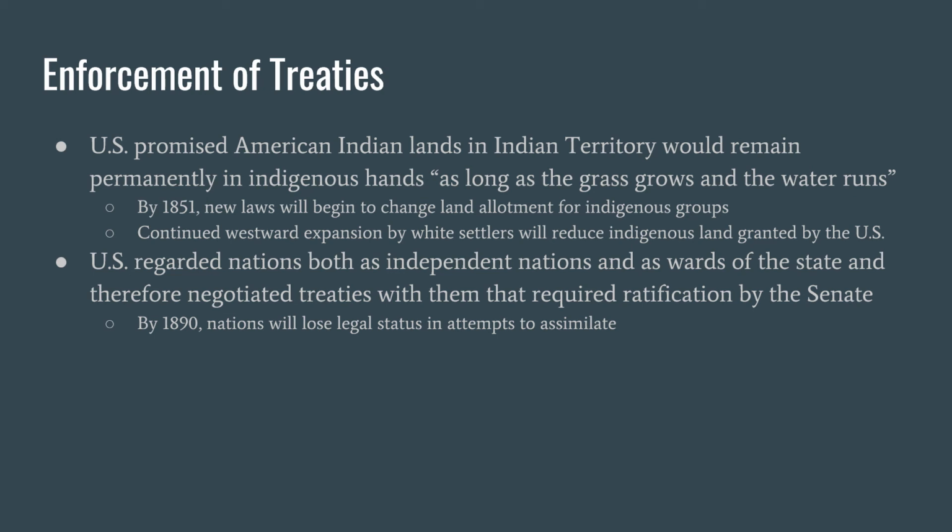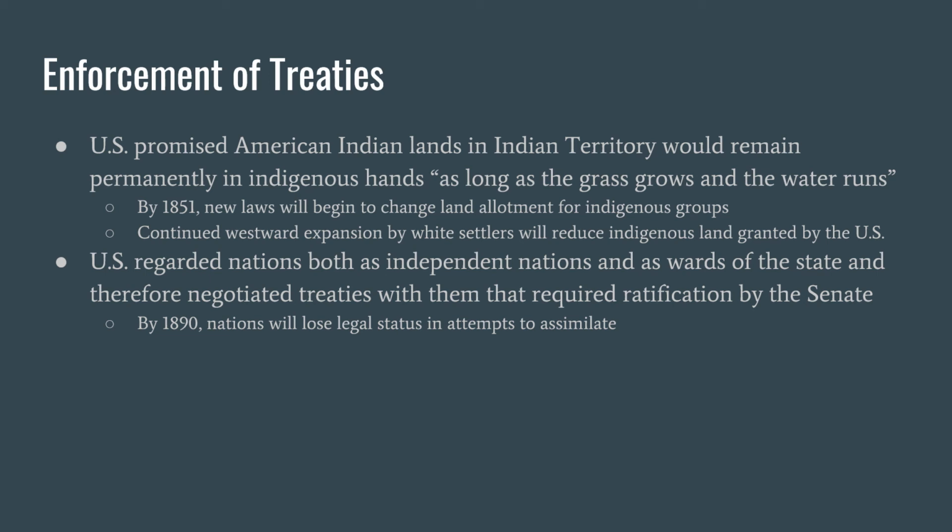But what we see is that very quickly, as more and more white settlers move west, the United States changes a lot of these treaties to give white settlers preference to that land. So by 1851, new laws start to change land allotment for Indigenous groups.